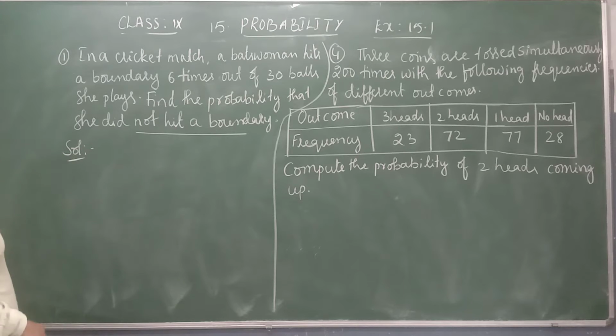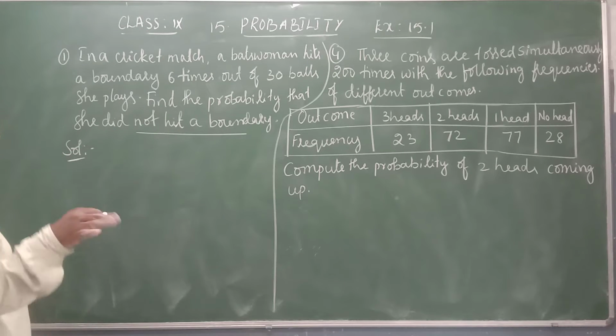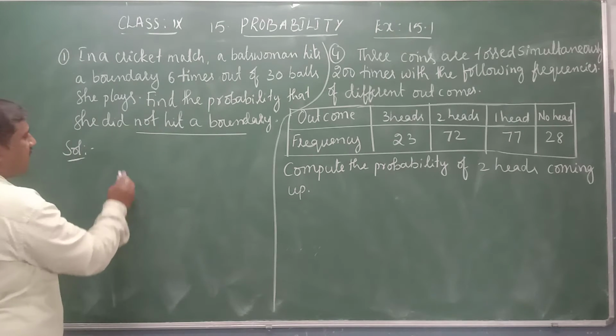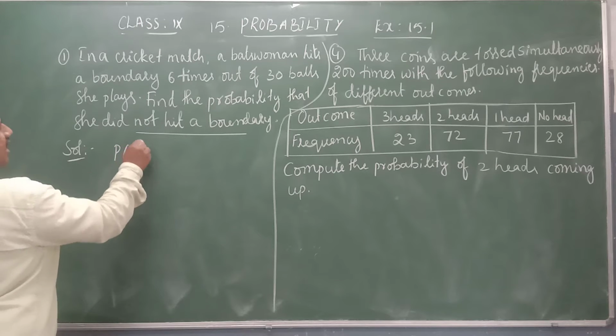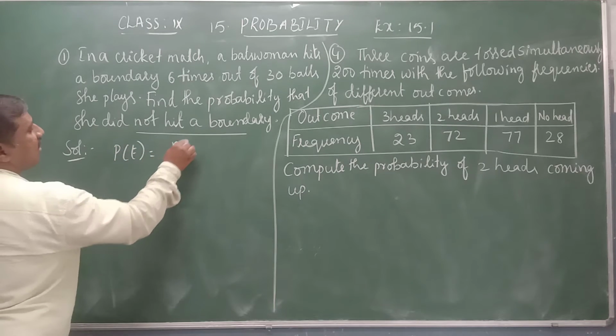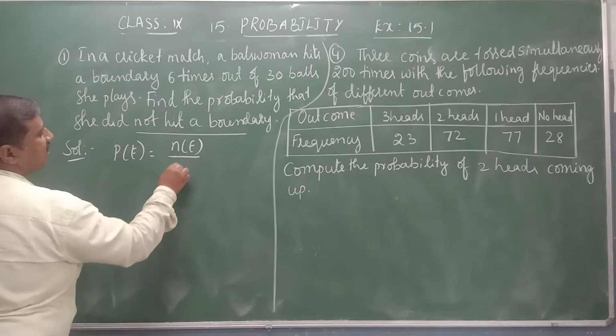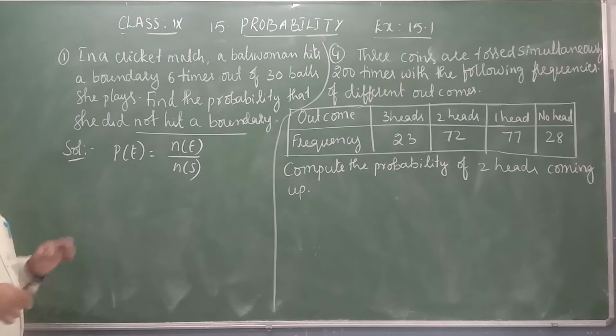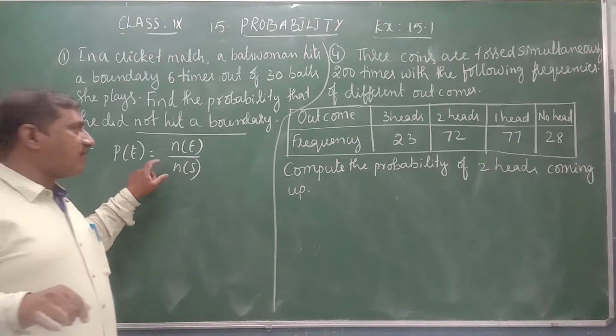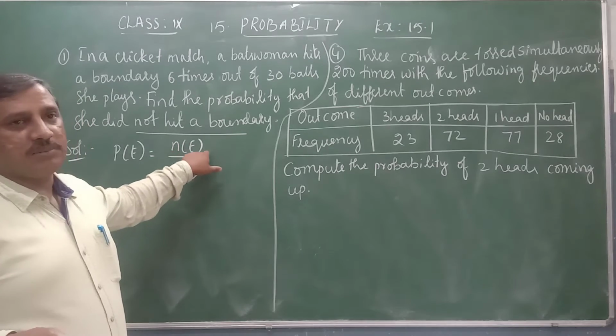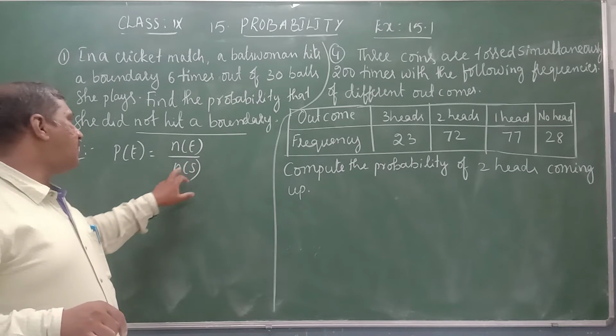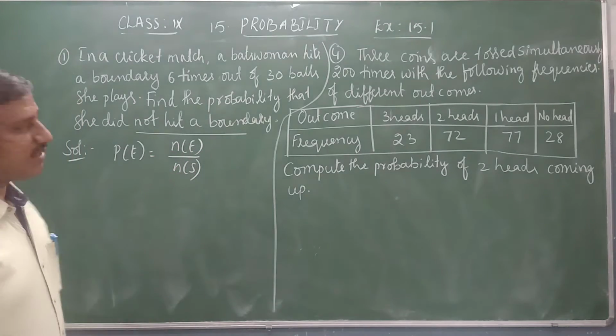So here, generally what is the formula to find probability? P of E is equal to N of E divided by N of S. Probability of an event is equal to the number of favorable outcomes of an event E divided by the total number of possible outcomes.